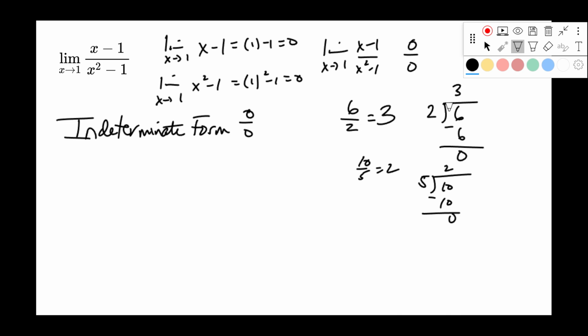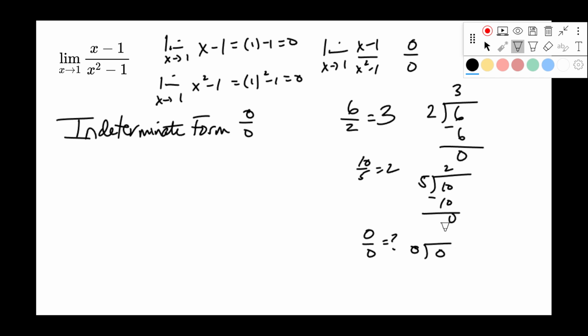Well, if this works, then 0 over 0 is really just 0 into 0. So now, my question to you is, 0 times what number gives 0?